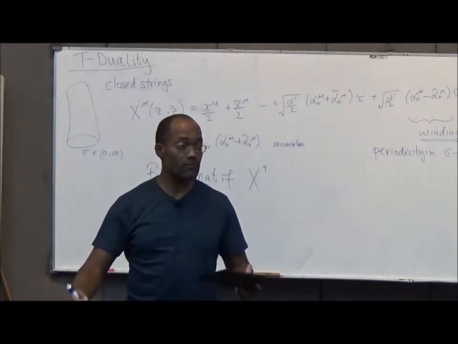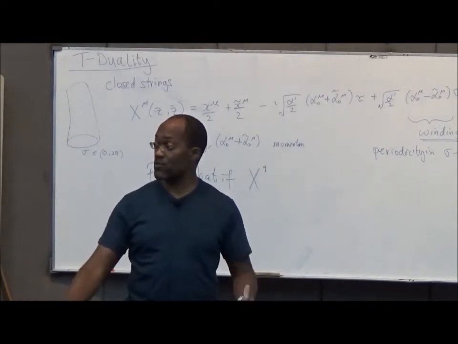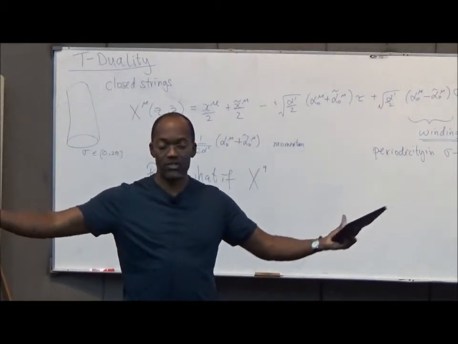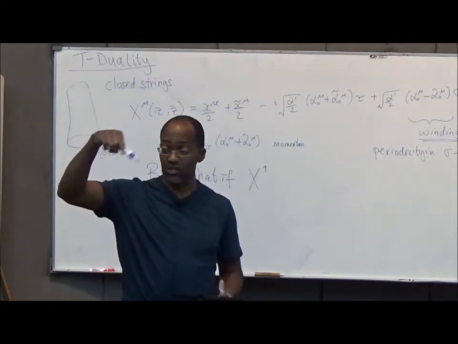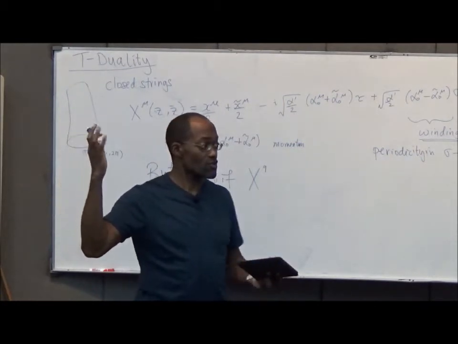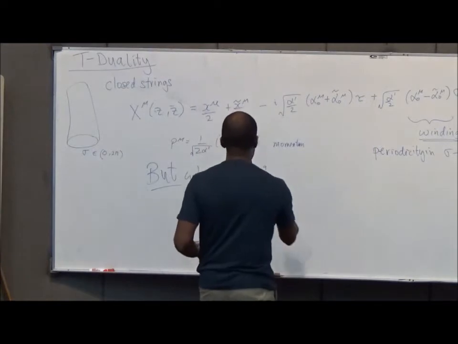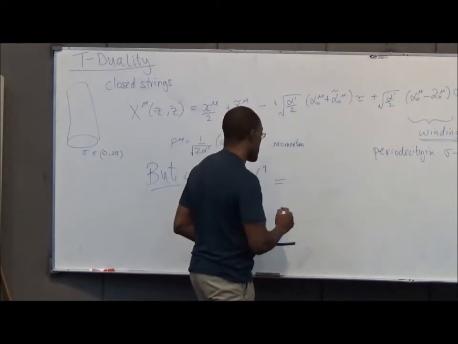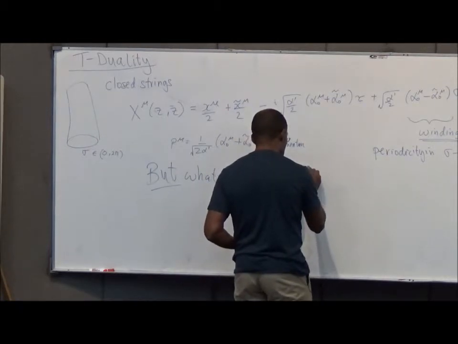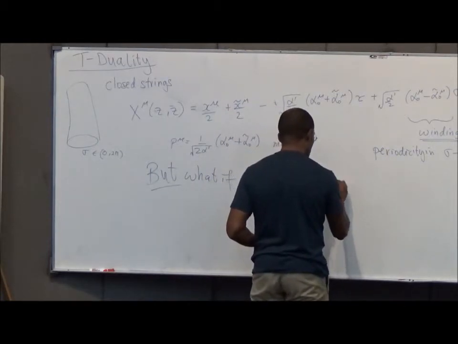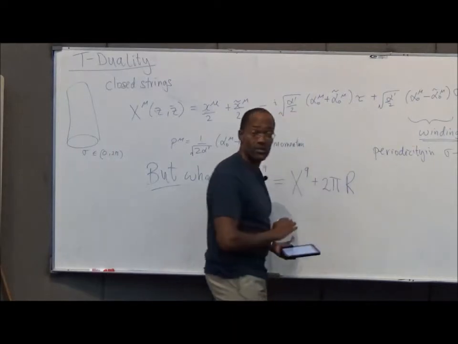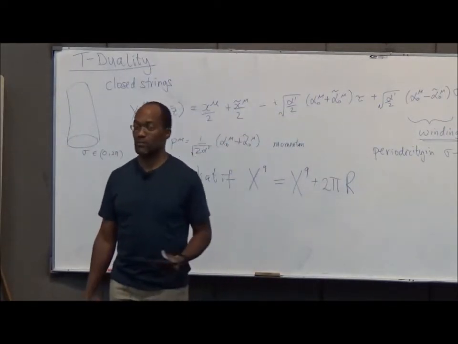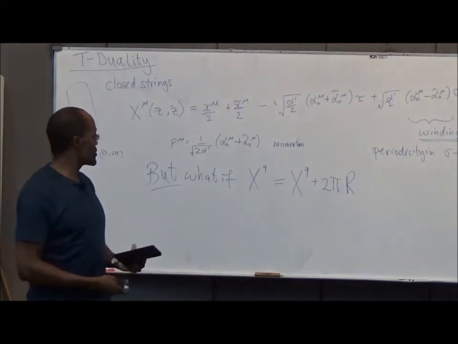One of them is time. 8 of them are flat directions that we've been discussing, but the 9th one is actually a circle. Just consider that. In other words, what do I mean by it being a circle? I mean that x9 is the same as x9 plus 2 pi r, where r is the radius of that circle.